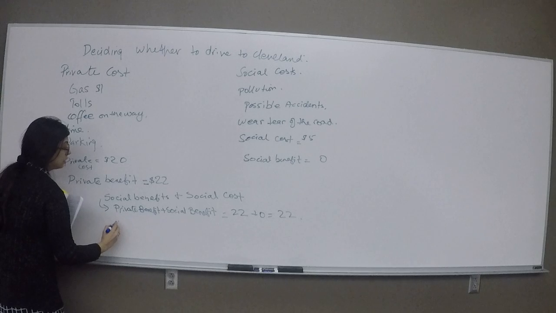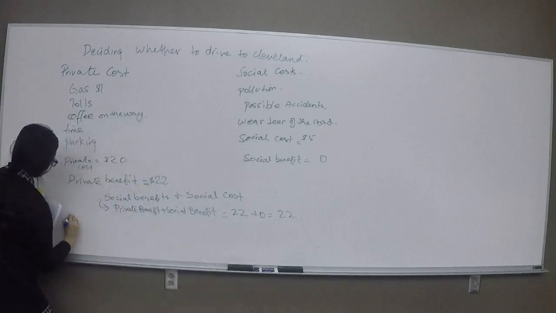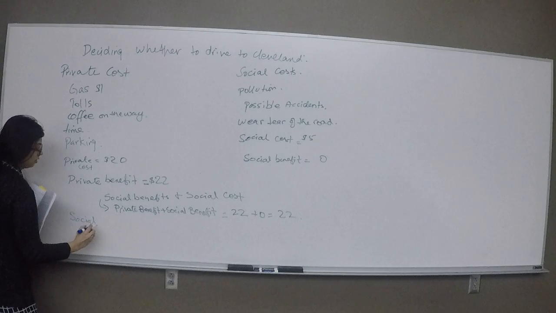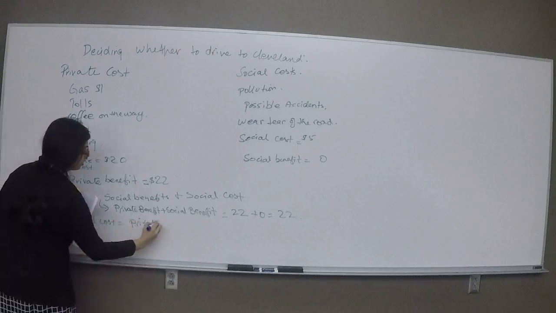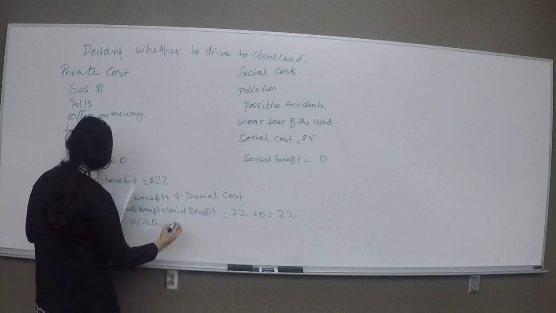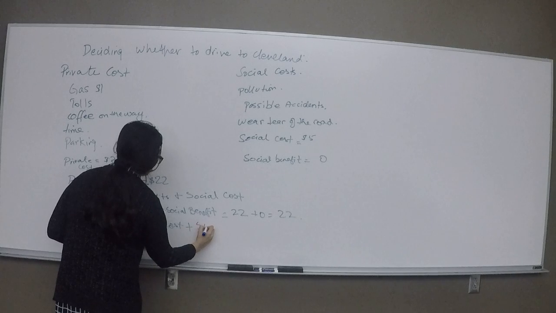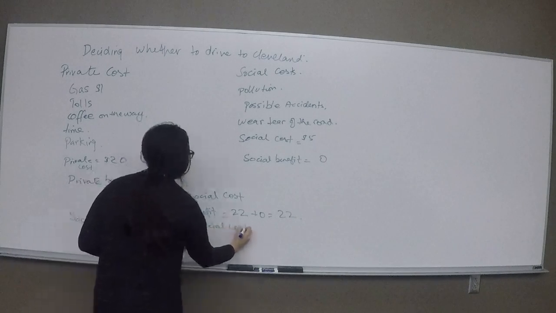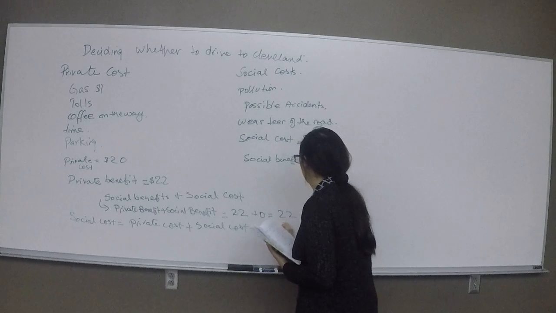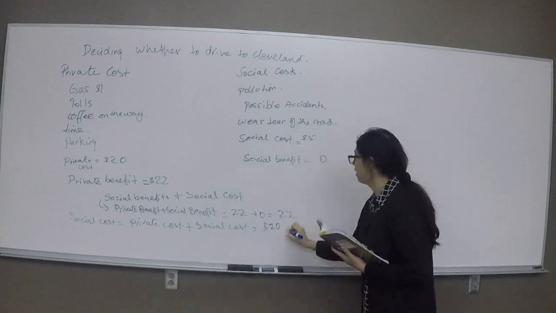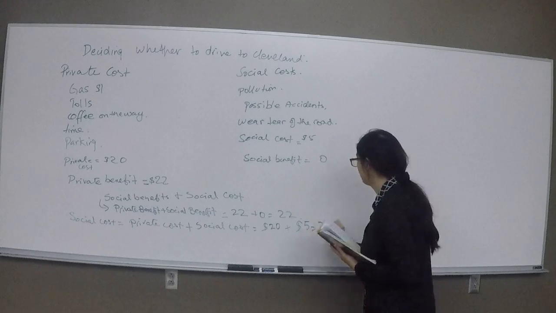Social cost is private cost plus social cost. So in this case, private cost is $20 and social cost is $5. So that's $25.